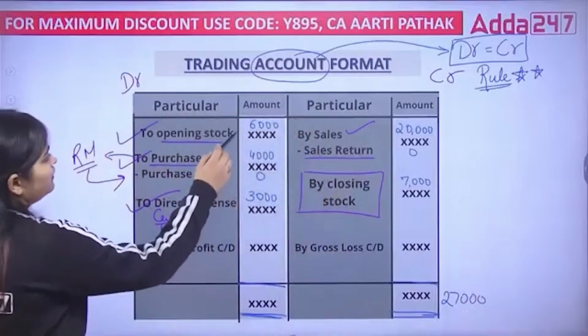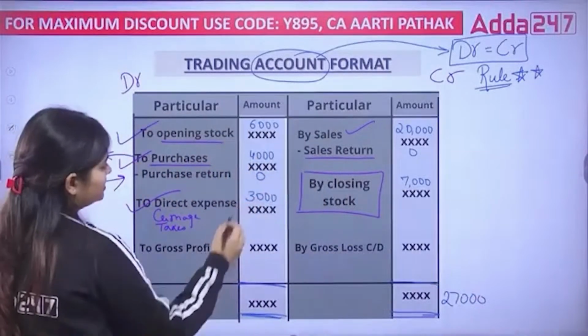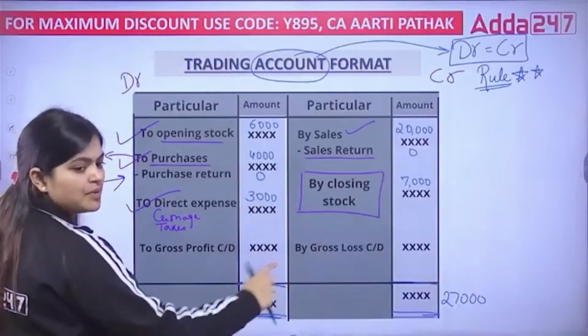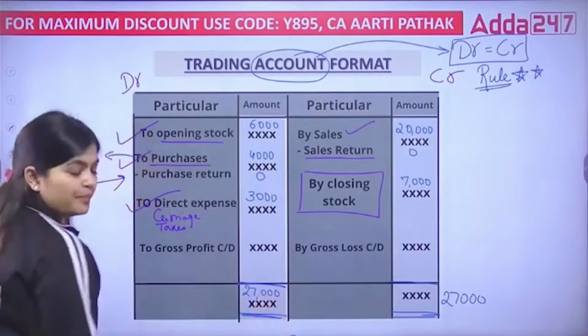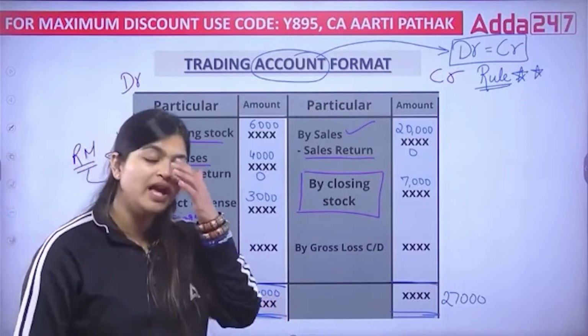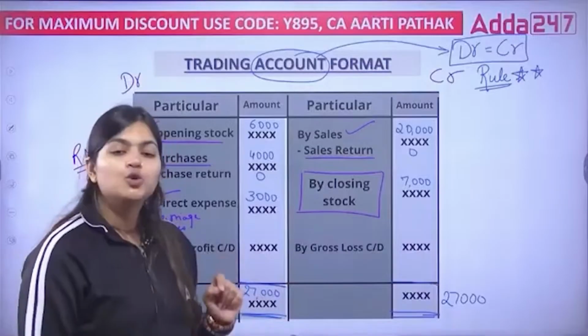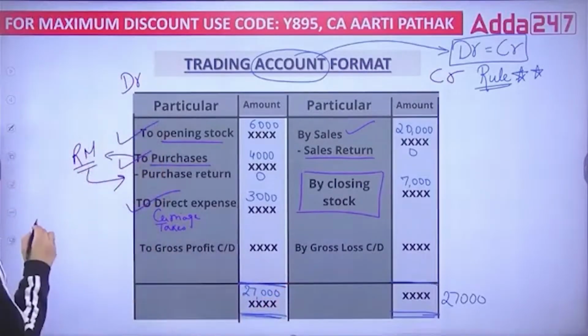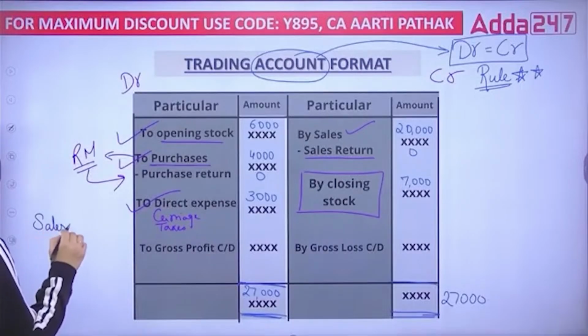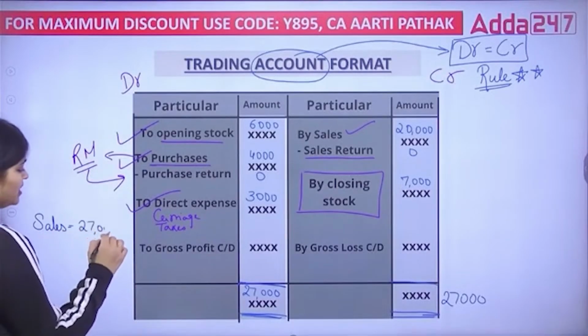Now, if you see 6, 4, 10 and 13,000. So what is the maximum amount? Both sides we need to show the maximum amount, that is 27,000. This is your sales, sales equal to 27,000.